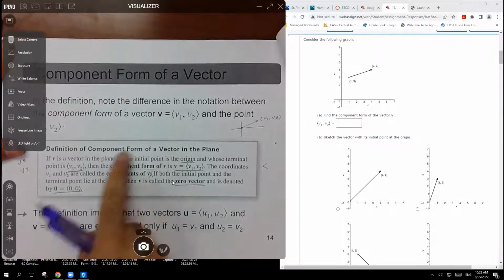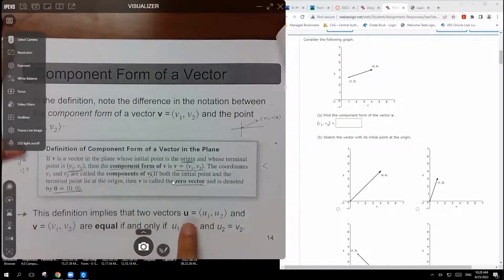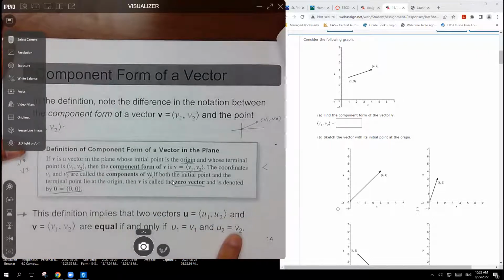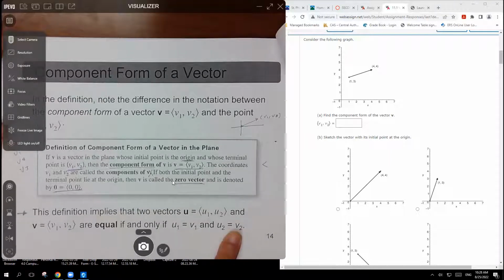from this one, we can say that U, in component form with these two components, and V are equal if and only if they have the same components. So it's easier to prove that these are equal vectors by just looking at the vectors.